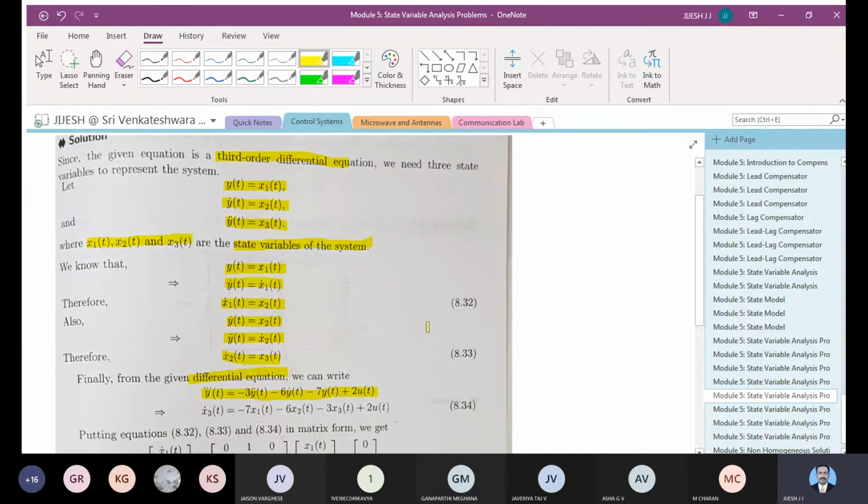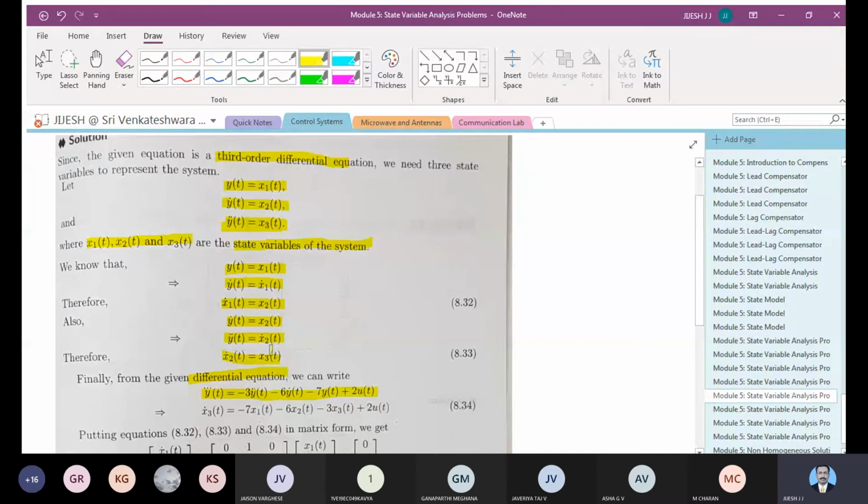So now we have a few things here. We can convert these into state variables. Let us see how it can be done. We already know that y double dot can be written as x3 of t.